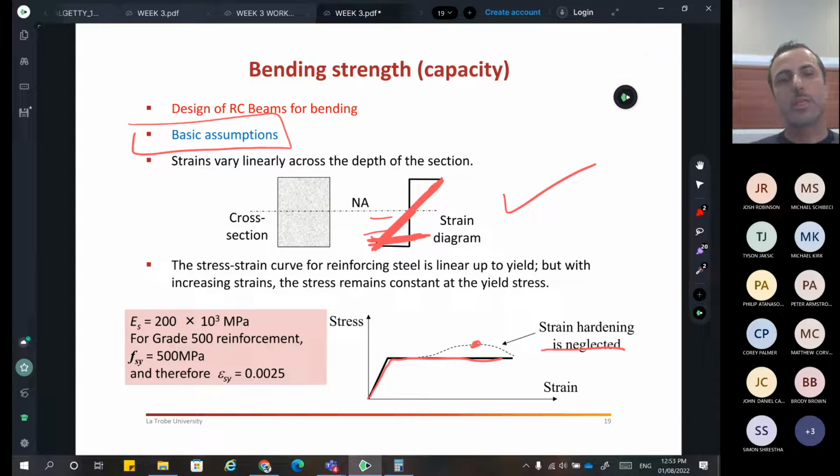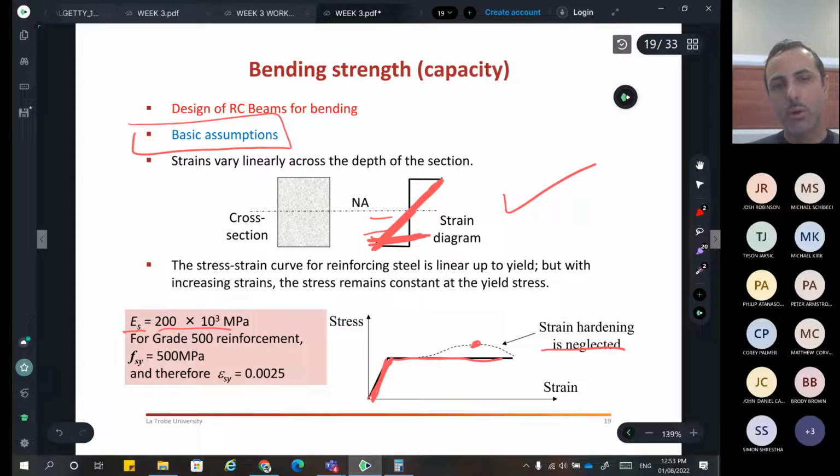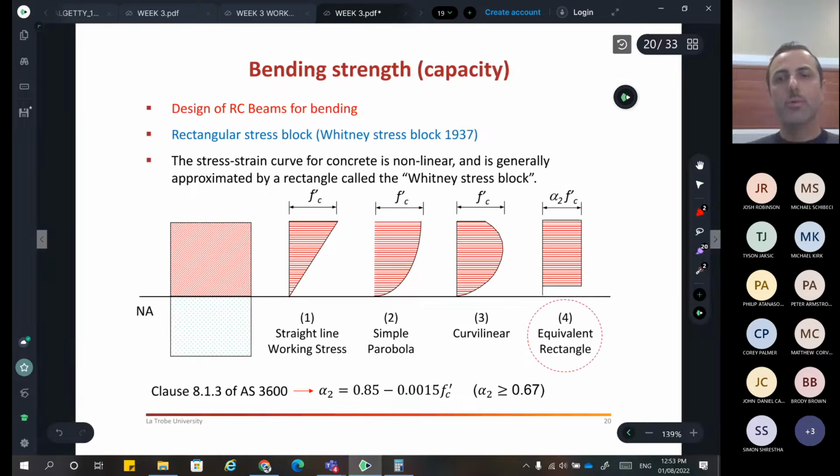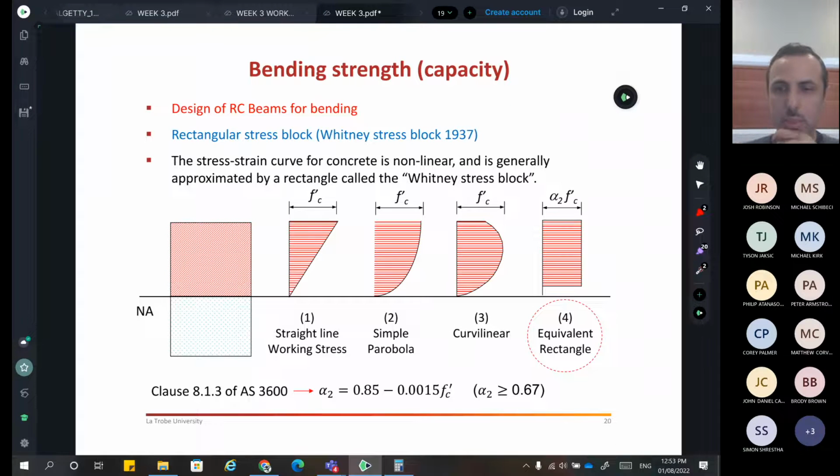What does this mean? It means that typically the Es, the Young's modulus of steel calculated from this slope, is 200,000. Always take it this way. The f_y for bars we said is 500. If you divide 500 over this figure, it will give us the strain, which as I said to you is 0.5%. So let me go through this before we start the example.